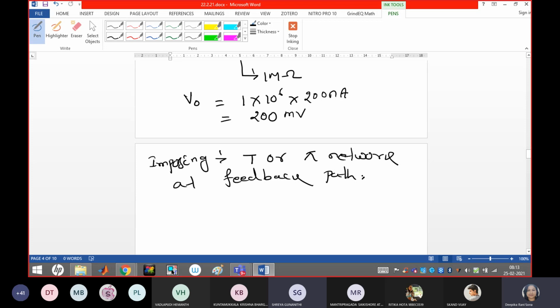Okay, so to minimize the effect, a low RF can be proposed, but it is impossible. So a T or pi network can be implemented to make R1 and RF compensate the IOS effect. The input side resistance should be very low as compared to the feedback resistance. That ratio we have to maintain, because the feedback resistance must always be high.